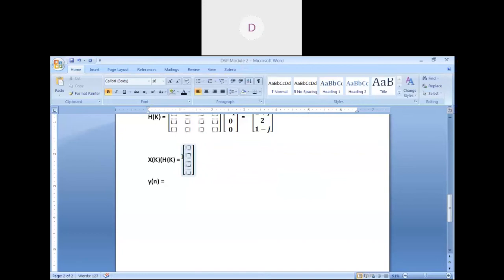Zero. First answer will be 0. Next, 2 plus 2 minus j2, that is 2 minus j2. Then 0, again 0. Next, 2 plus j2. Okay, this is the product.